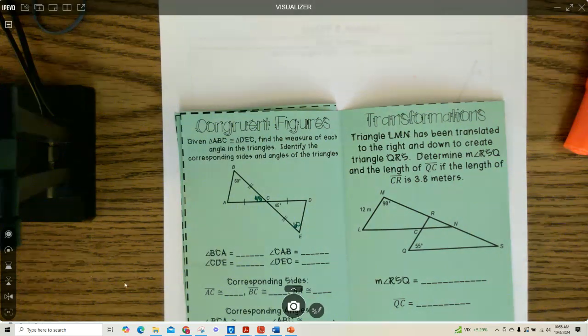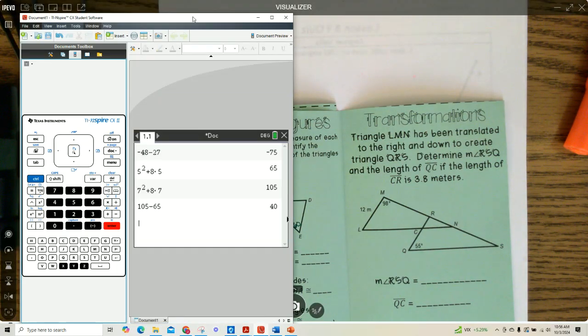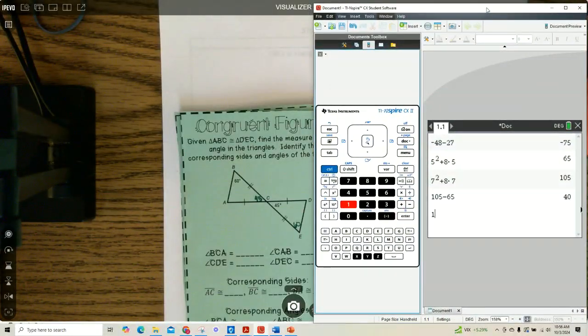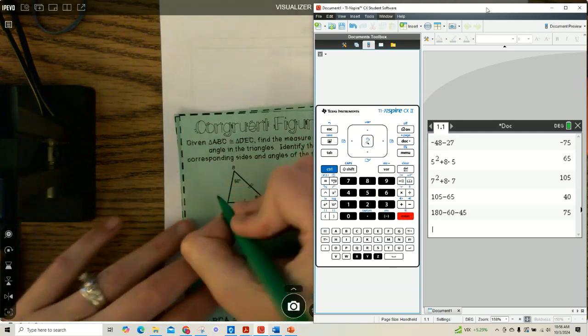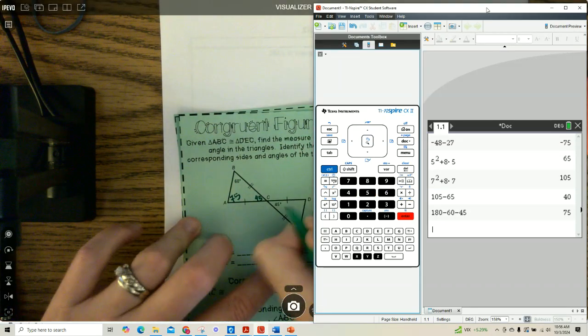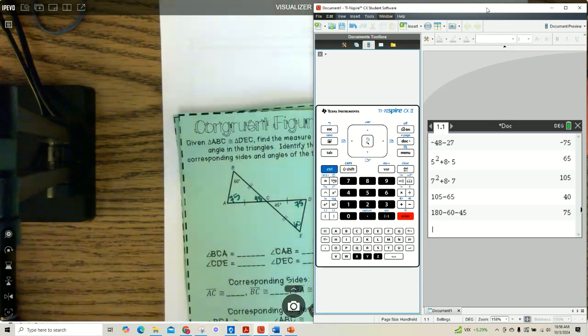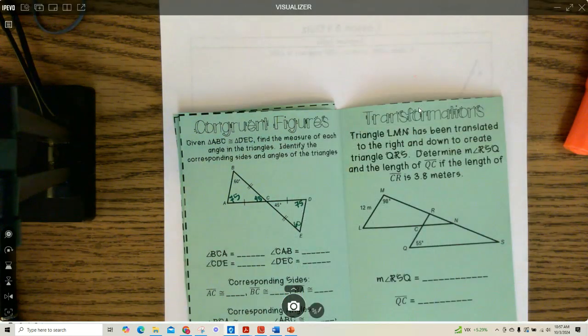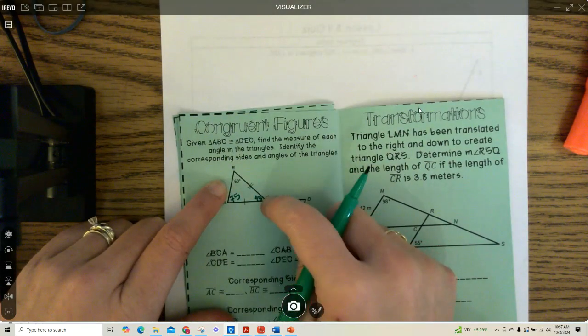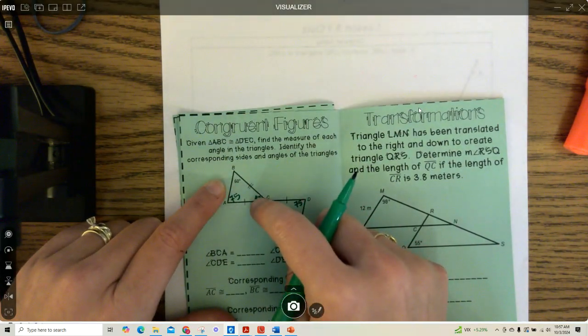So we've only got 1 angle left. Rule of triangles is all 3 angles add up to 180. So we can do 180 minus 60 minus 45 to find our missing angle. So again, the way we name these, sorry guys. All right, BCA is 45 degrees.